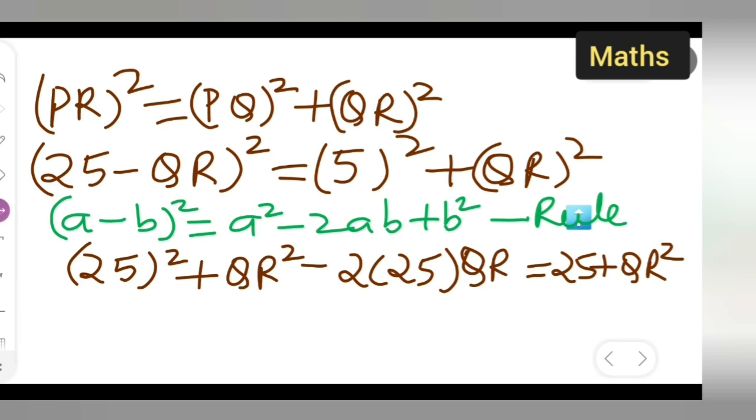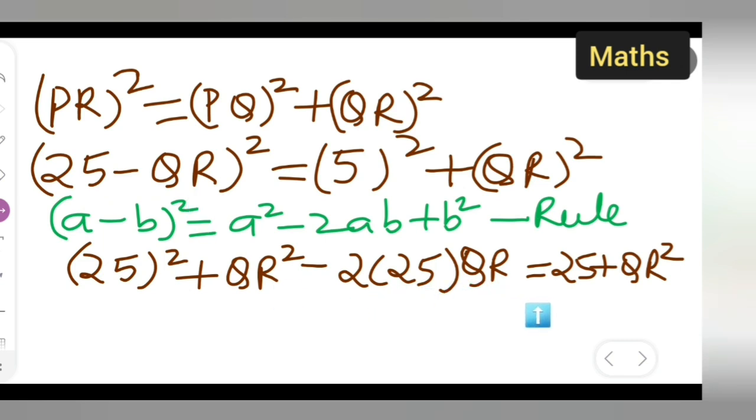Let me explain what I have done here. In place of A, 25 is there, so put the square. Then in place of B, QR square. So plus QR square minus 2 into 25 into QR.